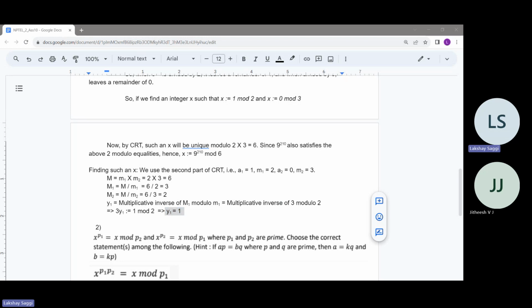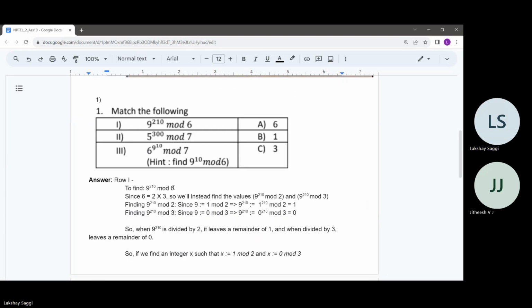Okay, so someone has joined. Hello Jitesh, I believe you have just joined the session. This session is on number theory. I was describing some questions related to the Chinese remainder theorem and Fermat's little theorem. This is the first question which I am discussing.